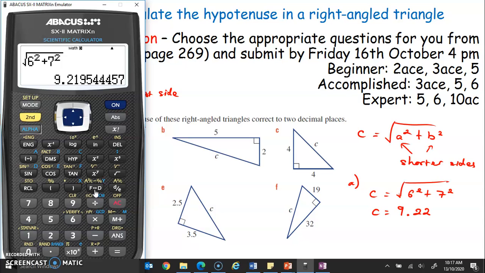On some of your calculators, what may happen is that you would get a different kind of answer. 6 squared is 36, and 7 squared is 49. So 36 plus 49 is 85, and your calculator may give you the square root of 85.